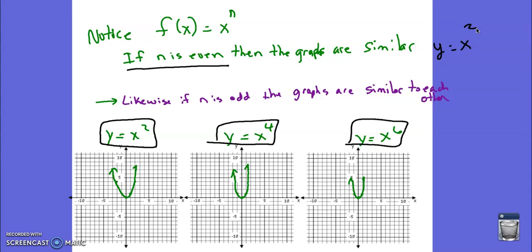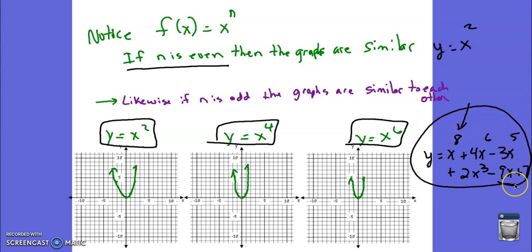Everything's going to be related somewhat like that. So even if I had some really weird function like x to the 8th plus 4x to the 6th minus 3x to the 5th plus 2x to the 3rd minus 9x plus 7, generally speaking, the highest exponent, the x to the 8th, means even this weird function is going to look similar to x squared. We can graph that and look at it.